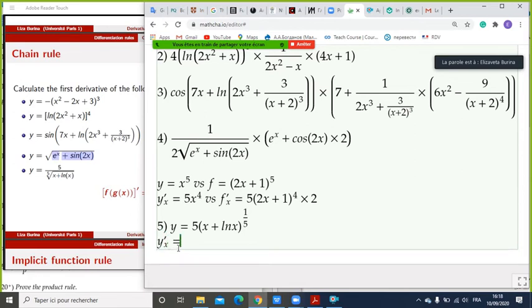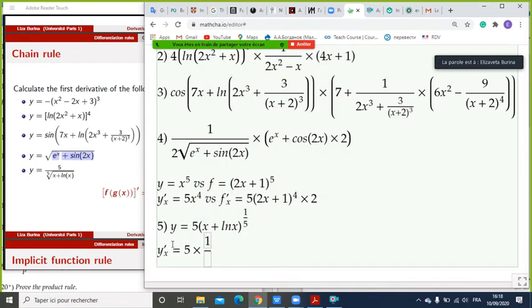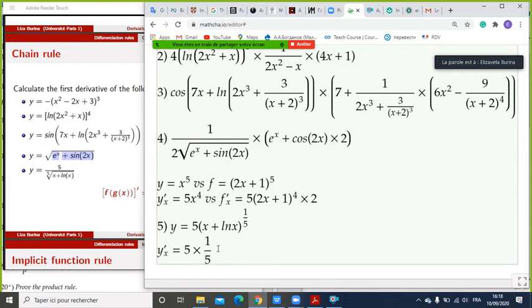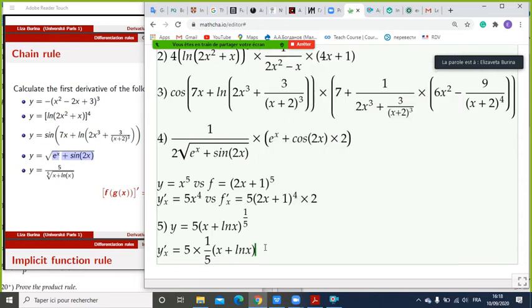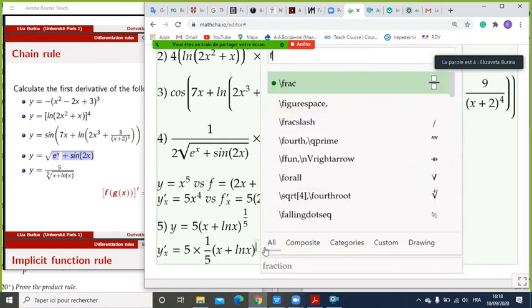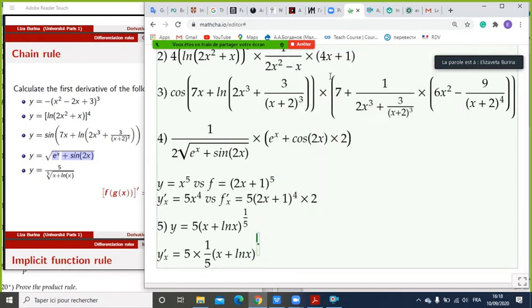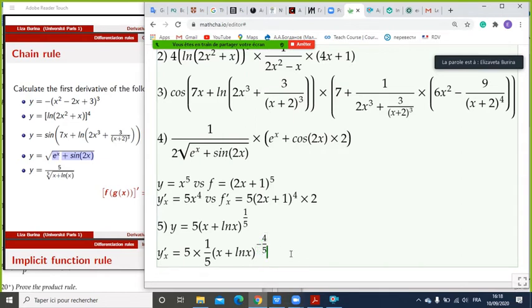So as a derivative of the outer function, we'll have 5 times 1 over 5 times x plus ln x to the power of a fraction, and the fraction will be negative 4 over 5. Okay, that's just the derivative of the outer function.